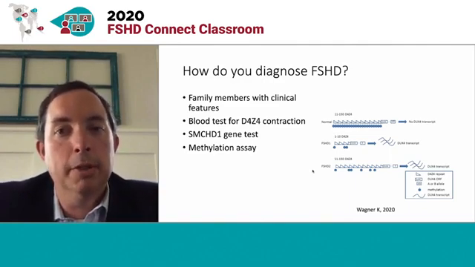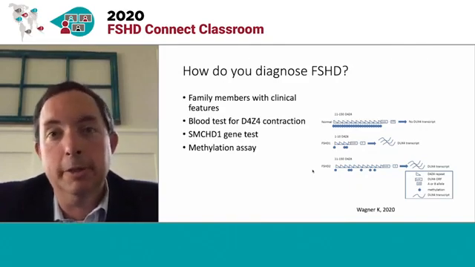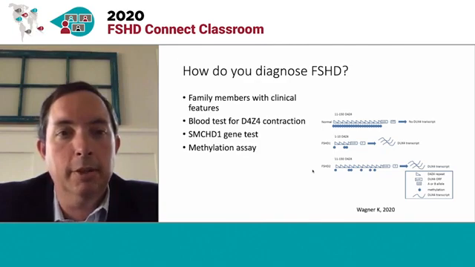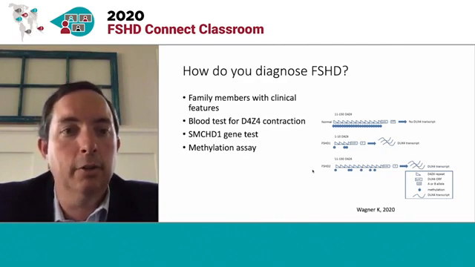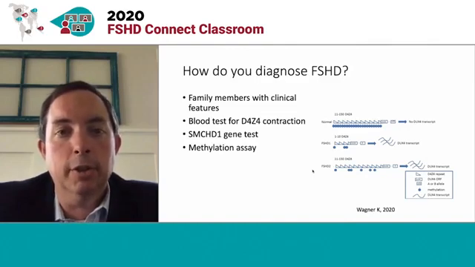we assume that that's going to be FSHD, and we often won't do genetic testing on every member of the family. We don't do that, number one, because it's expensive and somewhat time-consuming in terms of waiting for the delay in diagnosis. And secondly, frankly, for current clinical management, it's not necessarily required.